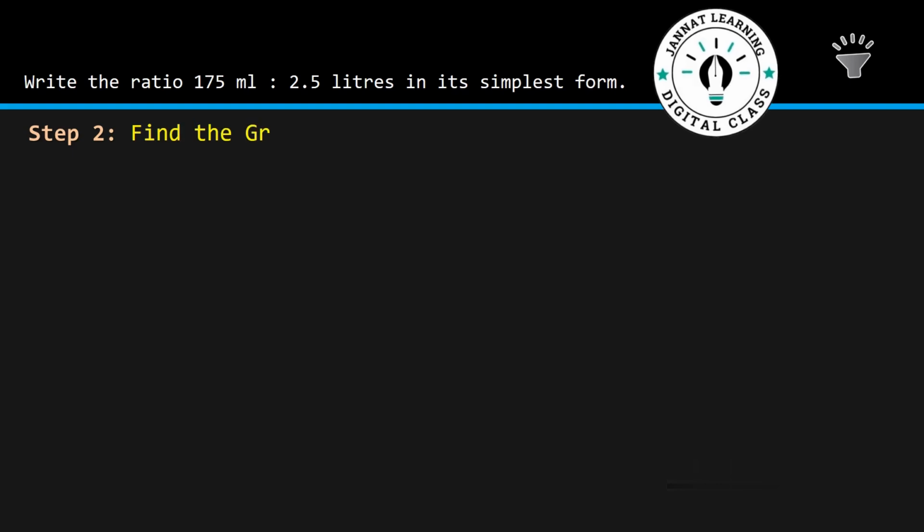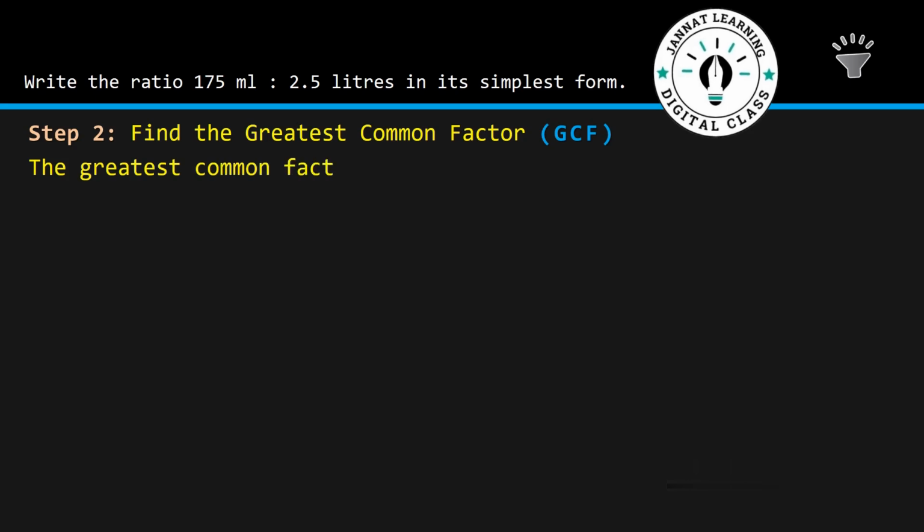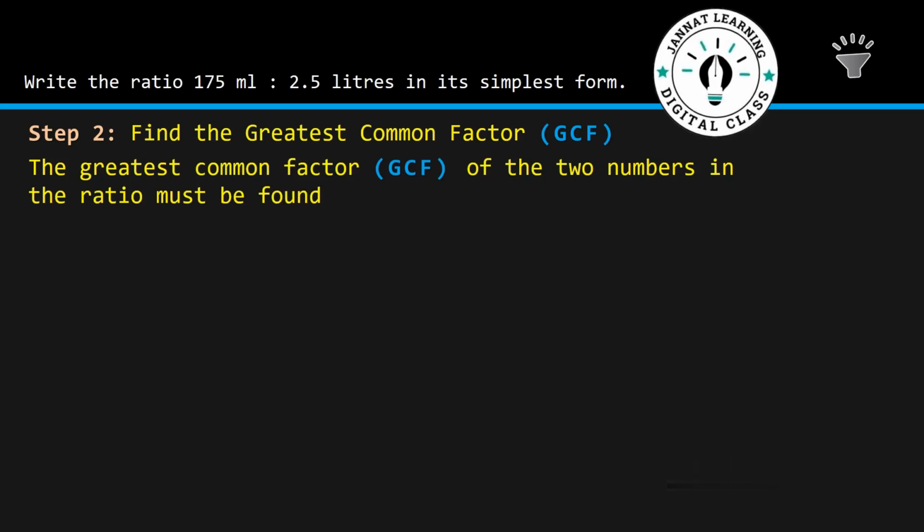Step 2. Find the greatest common factor, GCF. The greatest common factor of the two numbers in the ratio must be found. The numbers are 175 and 2,500.